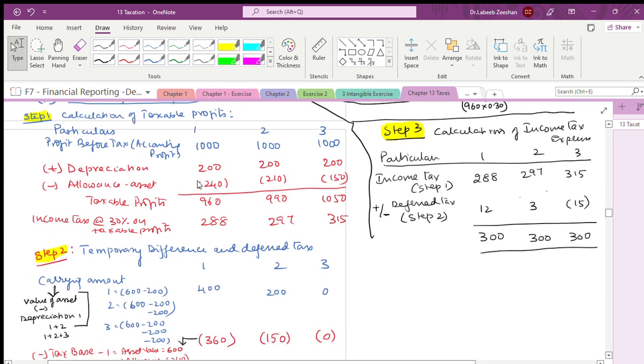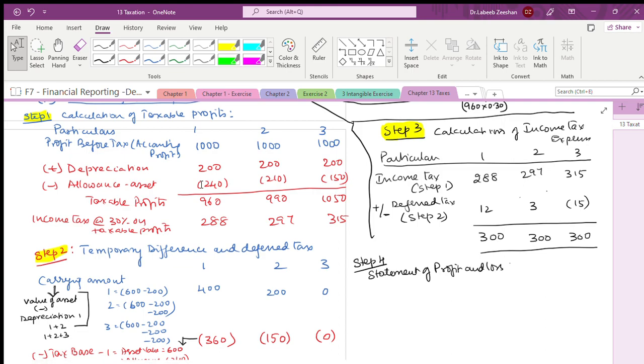Now what we have to do is step 4: the statement of profit and loss extract, for years 1, 2 and 3.